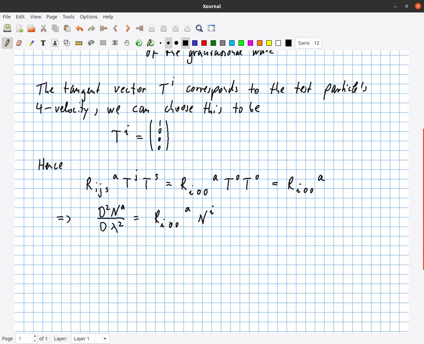We had already an explicit expression for this Riemann tensor a few lectures ago when we did the weak field approximations. And now I'm just stating the result.